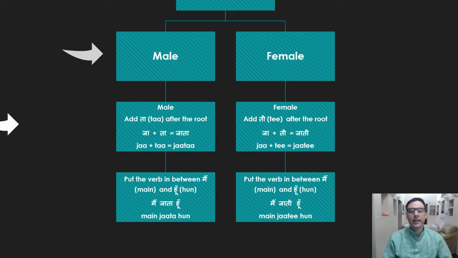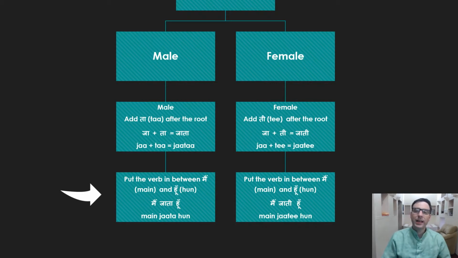As a male, what I have to do in this tense is simply add ta after the root. It's a long a sound, so ta. So ja plus ta gives me jata. Very simple, right? And finally, to end this process, I have to put the verb in between main and hoon.